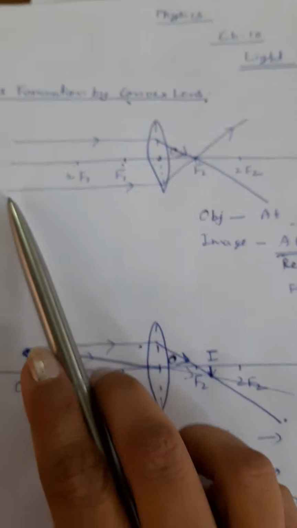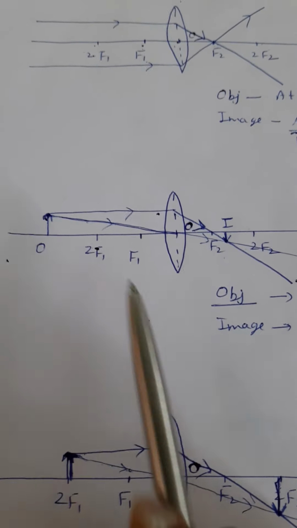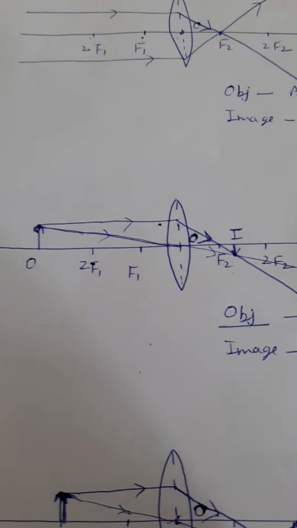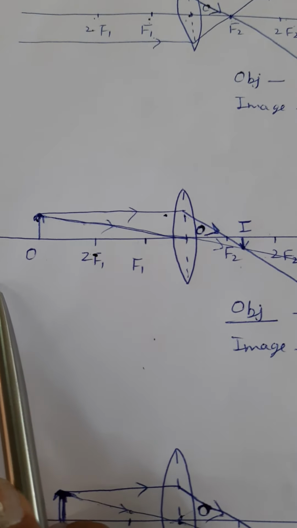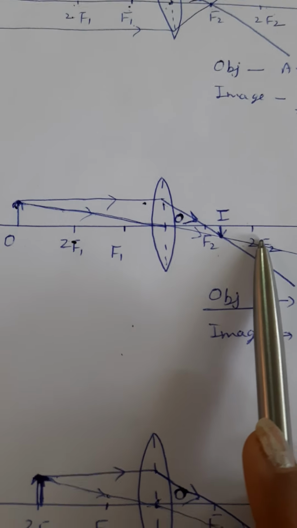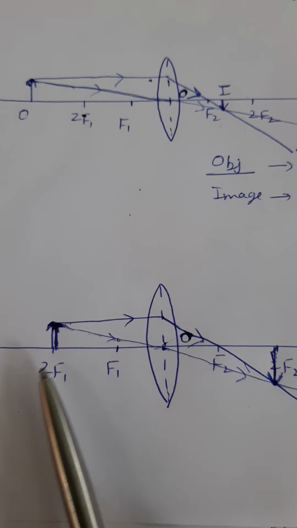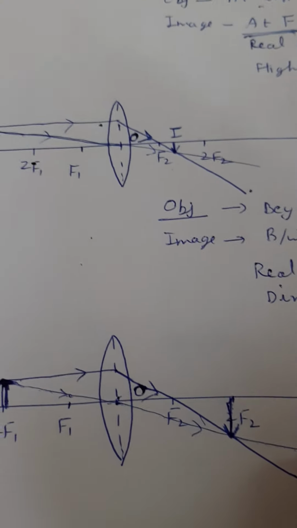So what we have done, see once again, in short I am showing you. In the first case, the object was at infinity, the image was at focus. Now after that we have shifted the object a little bit towards the lens, meaning it is now beyond 2f1, and the image is between f2 and 2f2. Then the object is exactly at 2f1, the image is exactly at 2f2.